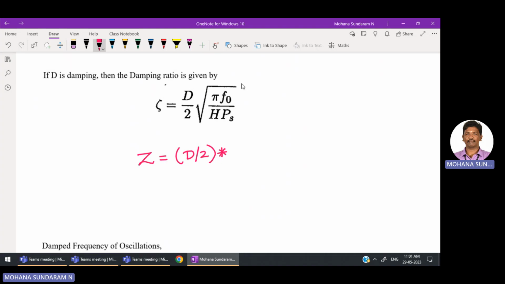Then you have a square root, that means sqrt of, take the numerator first. In the numerator you have pi into f naught, divided by the denominator. Also you have two terms, again open a bracket: it is H into Ps. Now together make a bracket for this, and for everything you have to put a square root.